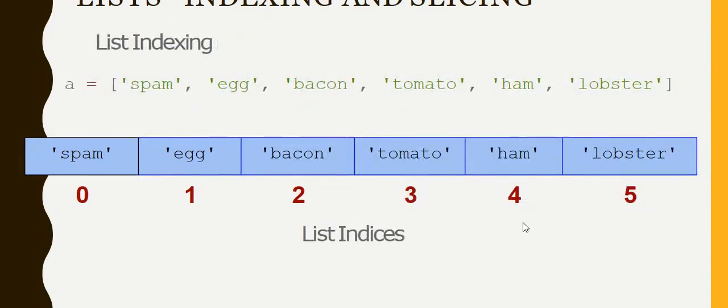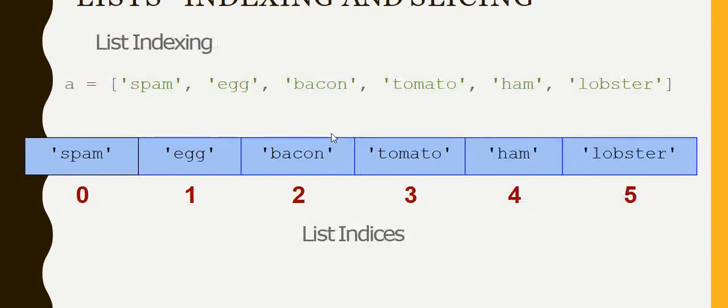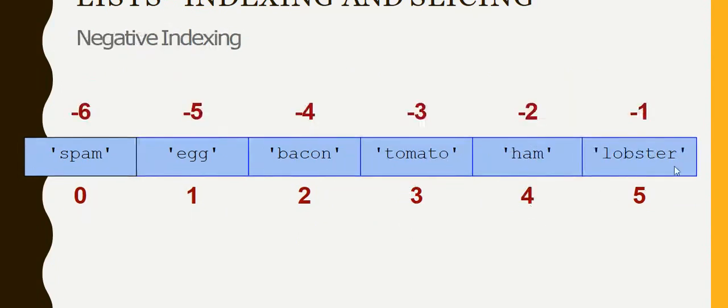Similarly, as you have studied slicing and negative indexing in strings, the same negative indexing is applicable for lists as well. Suppose the list is very large, 100 elements are stored over here. If I have to quickly retrieve the second last element, I can simply retrieve it by indexing from the right hand side.